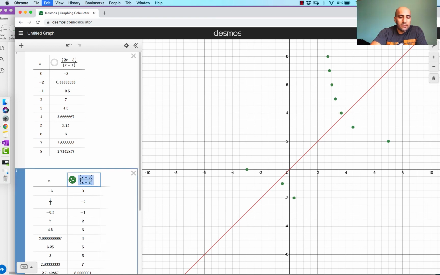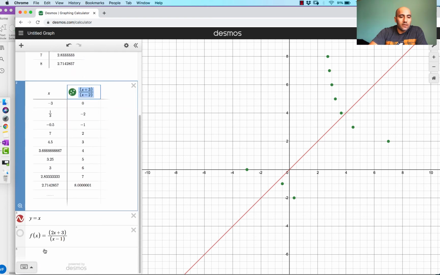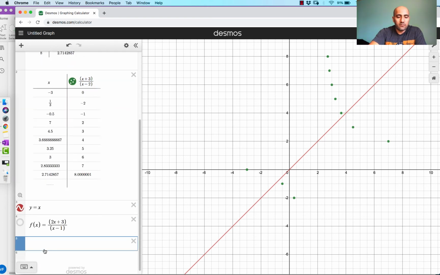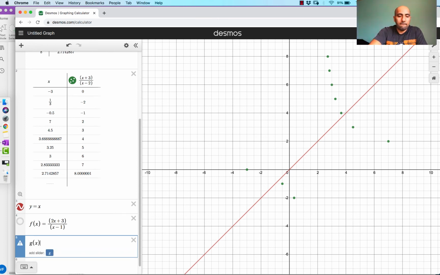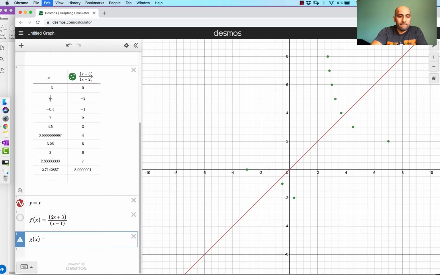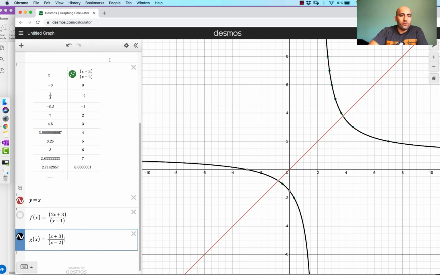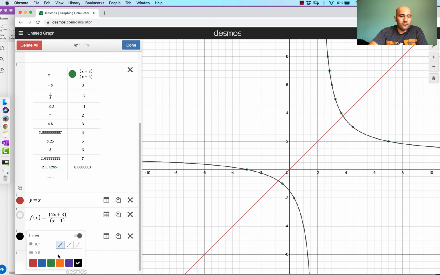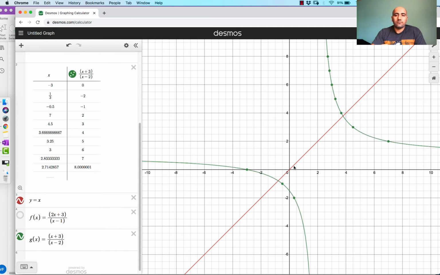So if I copy this, and then back over here, I'm just going to call it G here. So you get something that looks very similar, and that's the green one.